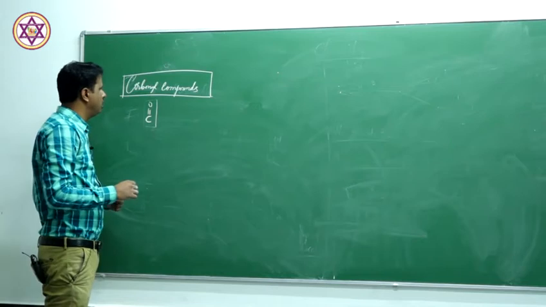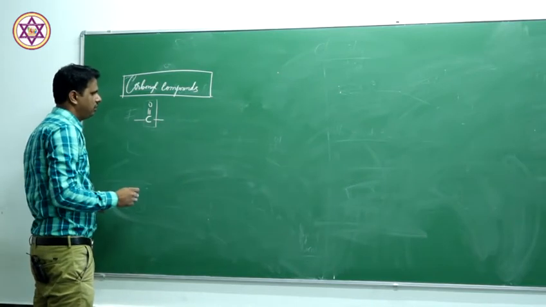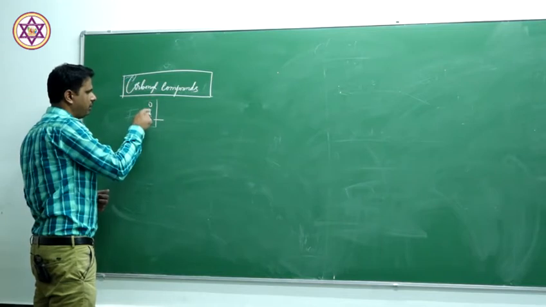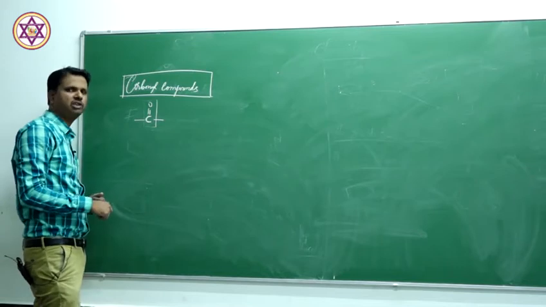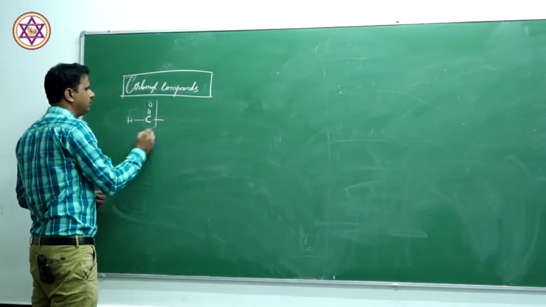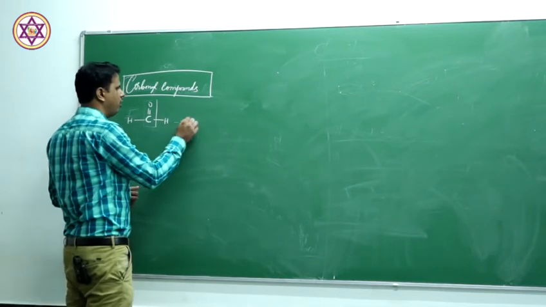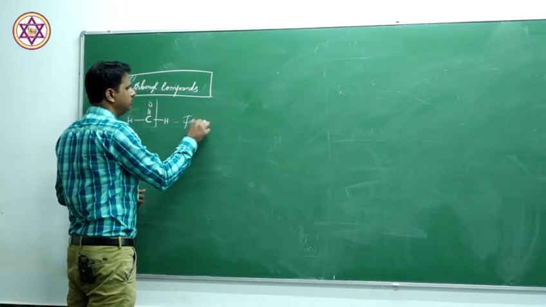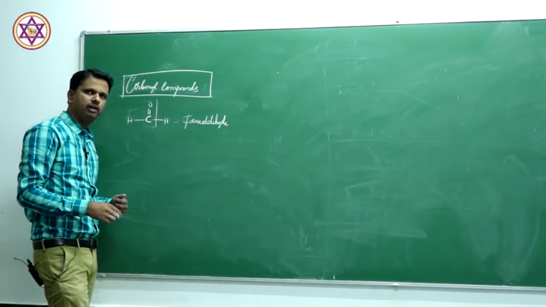Now, imagine that we have two more substitutions possible for this carbon. Because there is already a double bond here, and the valency of carbon is 4, we have two more substitutions available. Let us imagine that you put H here on both sides. Now you will get formaldehyde.